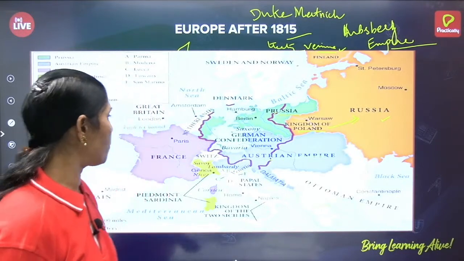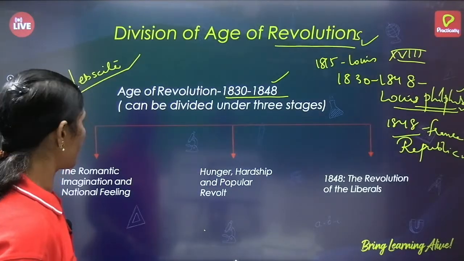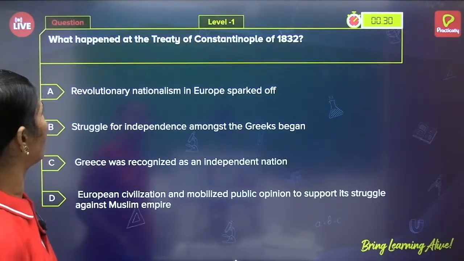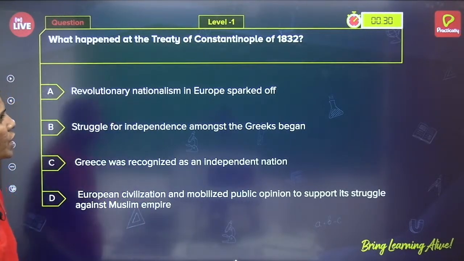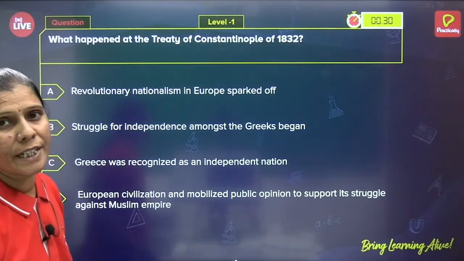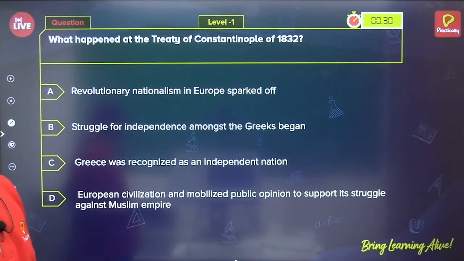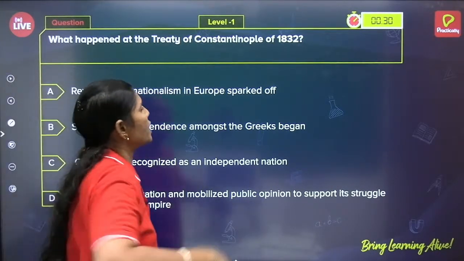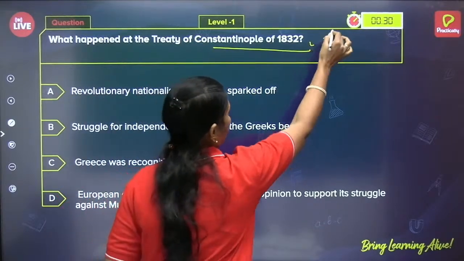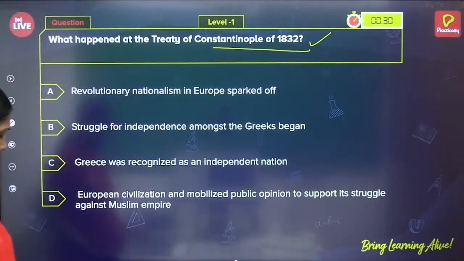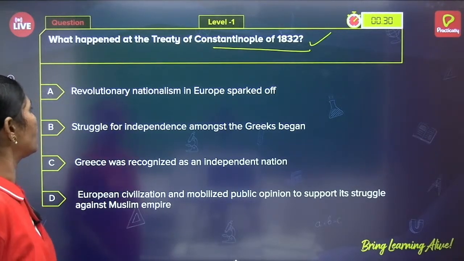So let us have a question here, children, for y'all. See what happened at the Treaty of Constantinople in 1832. Constantinople was a place, and there was an agreement that took place, related to the Greeks. Can you guess the answer?